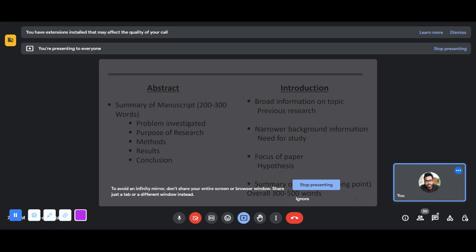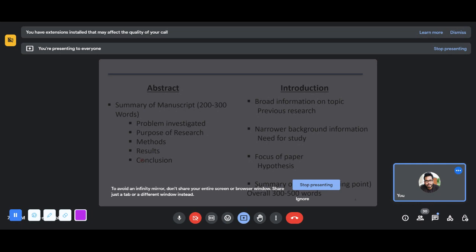Then, not in an elaborate way, but very shortly, you write the actual result that you have gotten. And then you have to conclude. What conclude means is you have to say what this result is actually inferring. So these are the abstract. Abstract is basically the synopsis of your work, right?